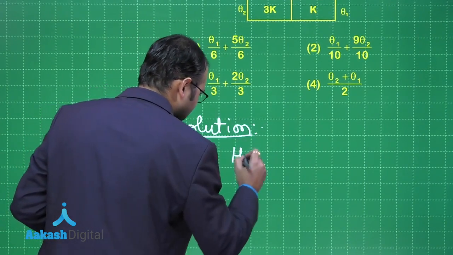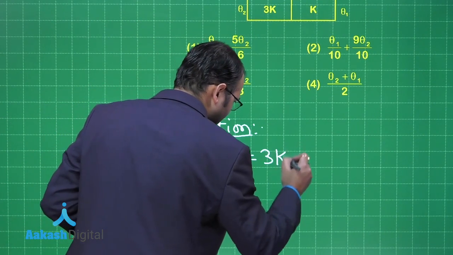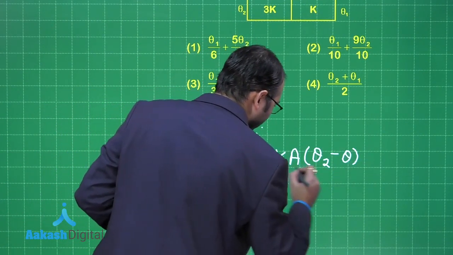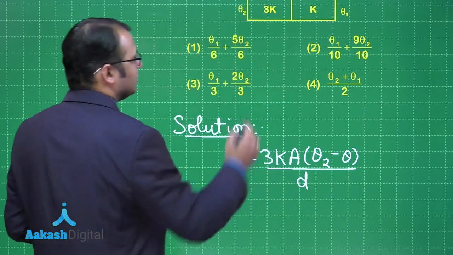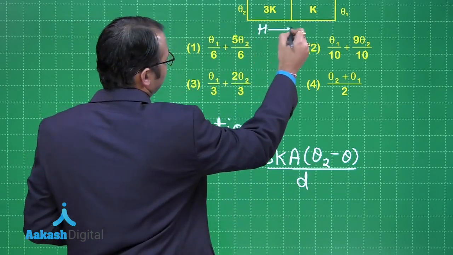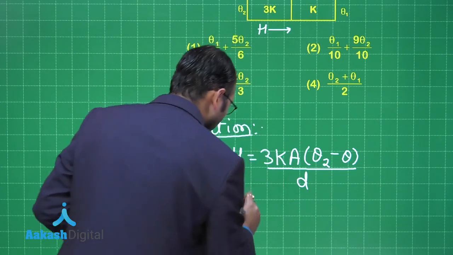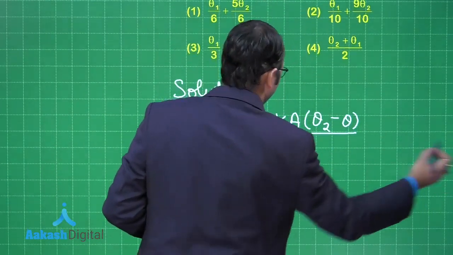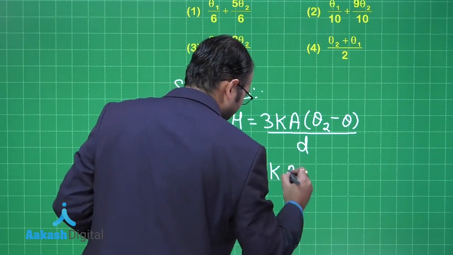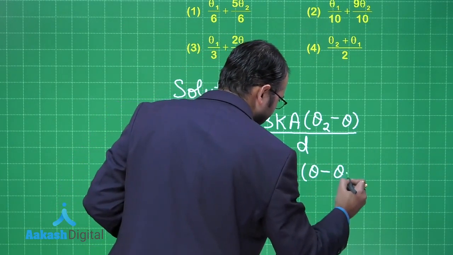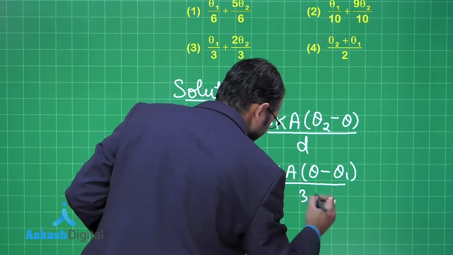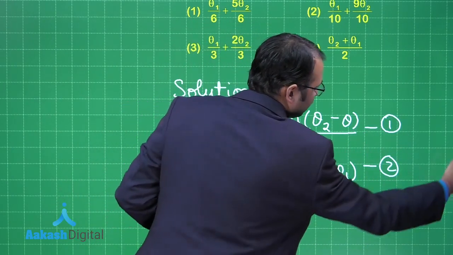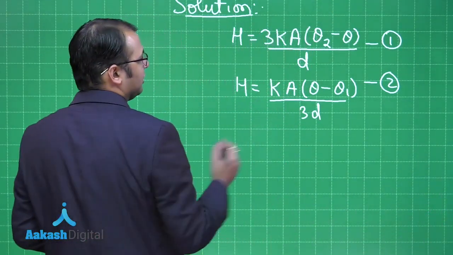So you will get H is equal to 3KA (θ2 minus θ) divided by D. This is the heat which is going on this side, and that should also be equal to H for this portion. So I will write KA (θ minus θ1) divided by 3D, and both, you can see, from the right hand side and left hand side are equal.